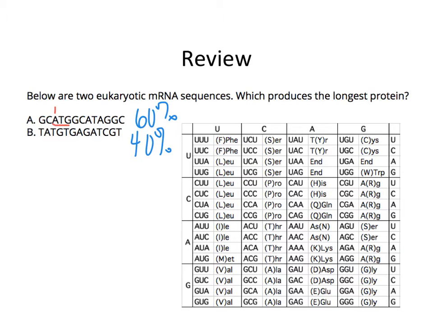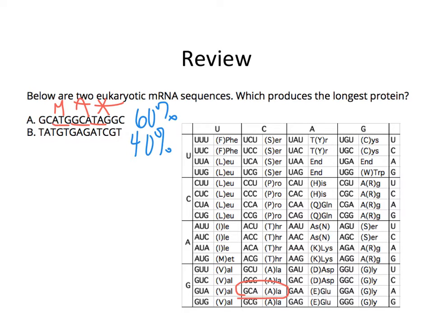That's methionine, always. What's GCA? Alanine, Ala. Then what? Stop codon, TAG. So the first messenger RNA produces M-A.